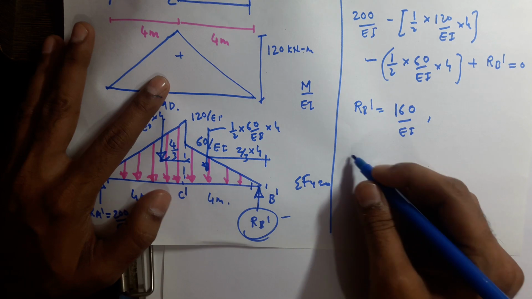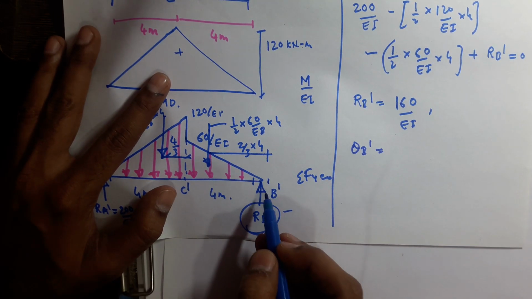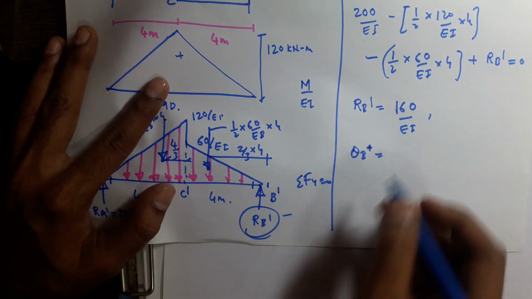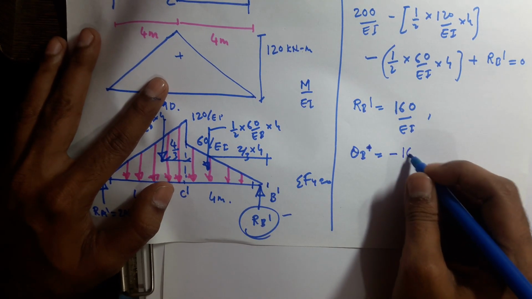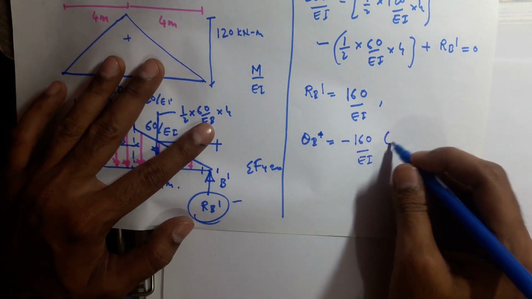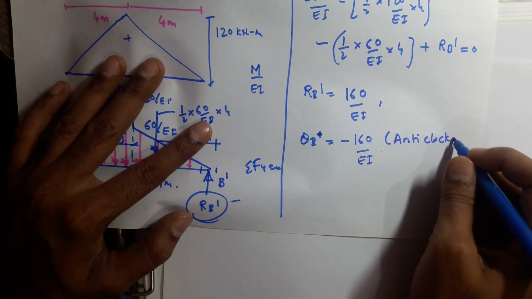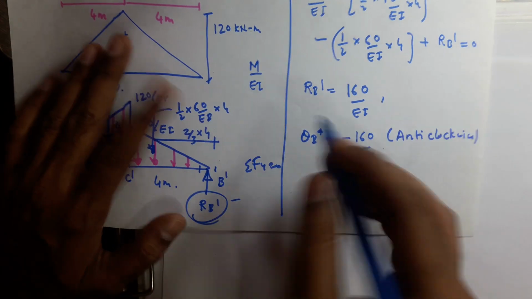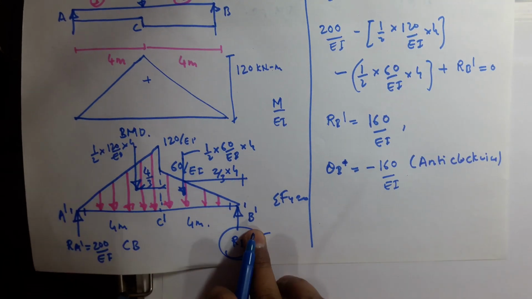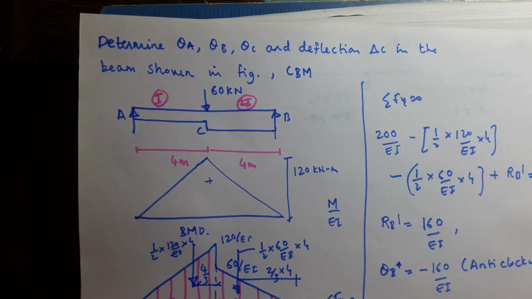Okay, so here theta B, in real beam, will be equal to shear force at B dash, which will be equal to minus 160 by EI, and since it is minus, we can call it as anti-clockwise rotation. Okay, why it is minus? Because we are getting negative shear force at B dash.